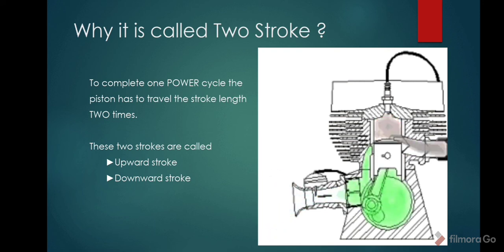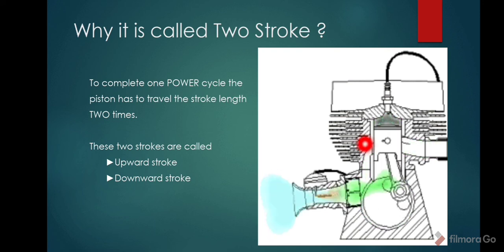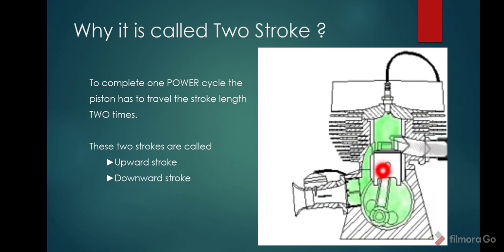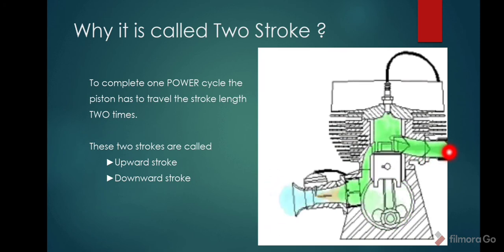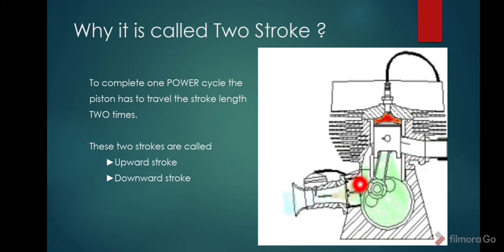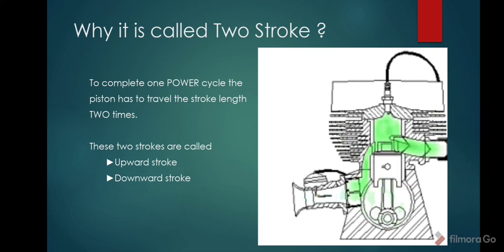During downward stroke, expansion or power takes place, exhaust takes place, and fresh air-fuel mixture comes inside the cylinder. In such a way, all the 4 processes of power generation are done during these 2 strokes.